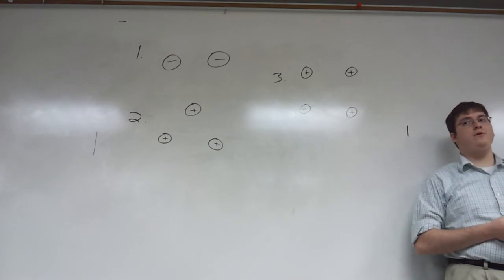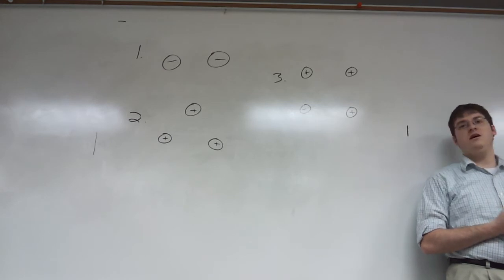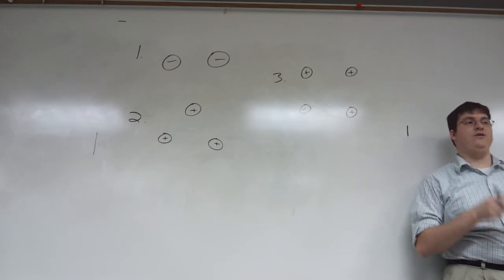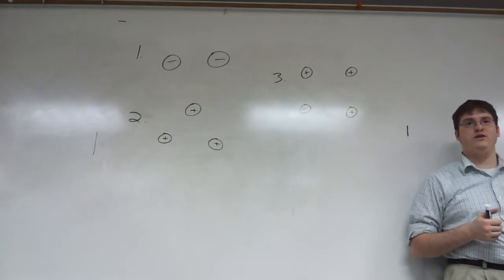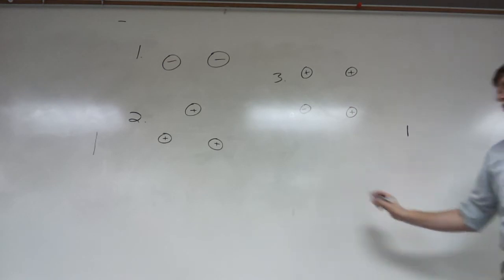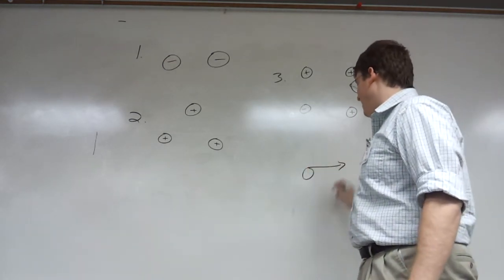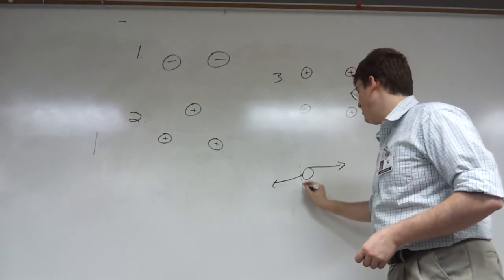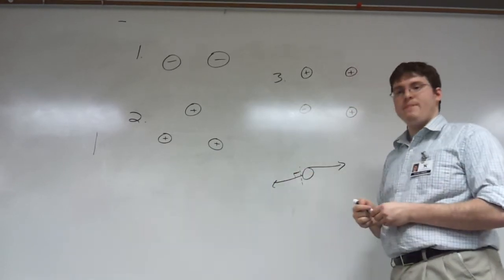Number 4, probably the most important one, electric field lines never cross. And number 5, they start and end perpendicular to a surface. So no electric field lines coming out like that. Always perpendicular, 90 degrees, like that.